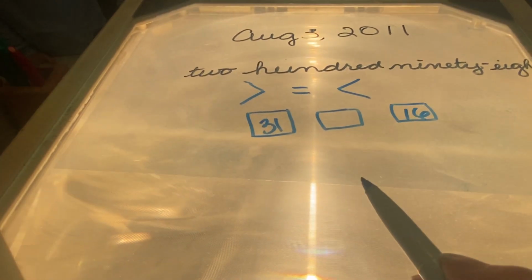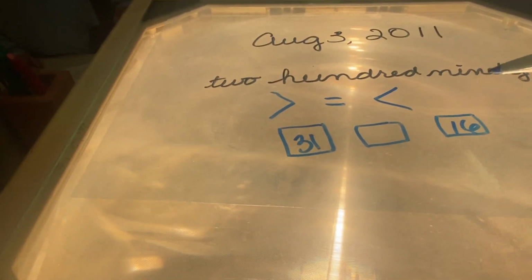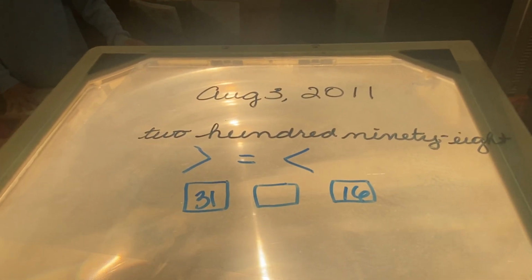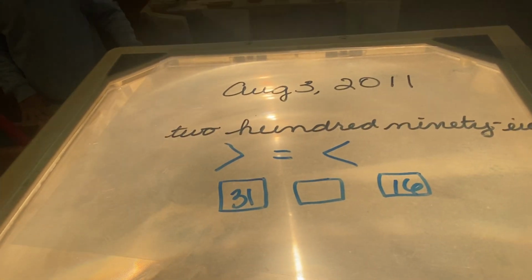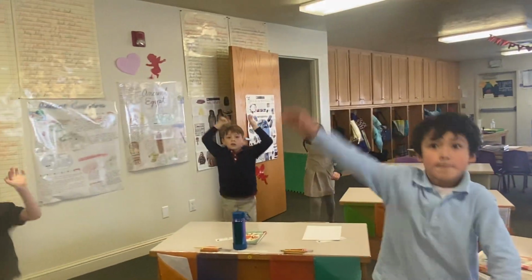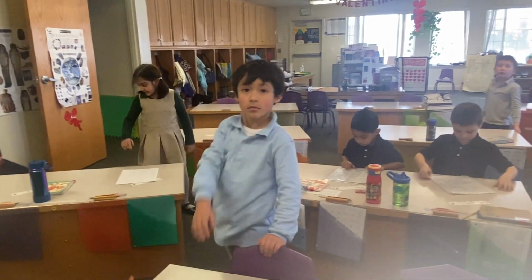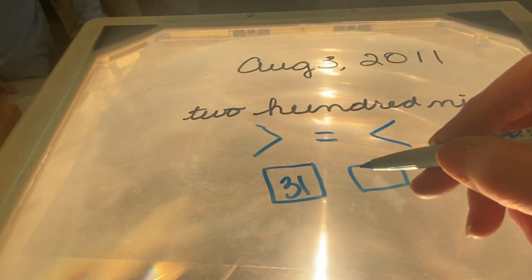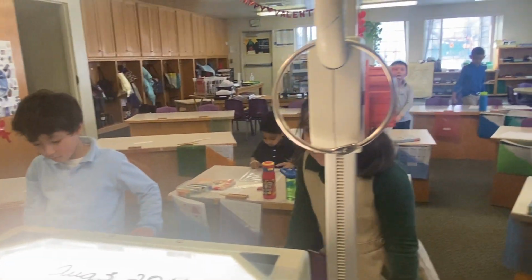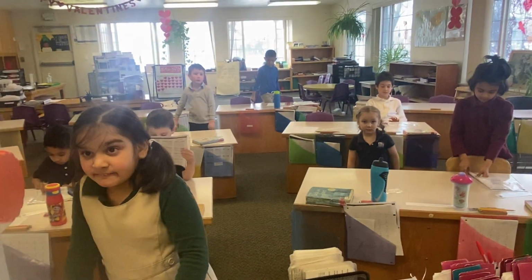Number of cups. Oh, yep. Well, this is 16. Which is bigger, 31 or 16? Which is bigger, Theo? 31. 31 is bigger, so we have to have the greater than sign right there. The greater than sign. All right. Okay, well, I'll be sending that over, Mom.